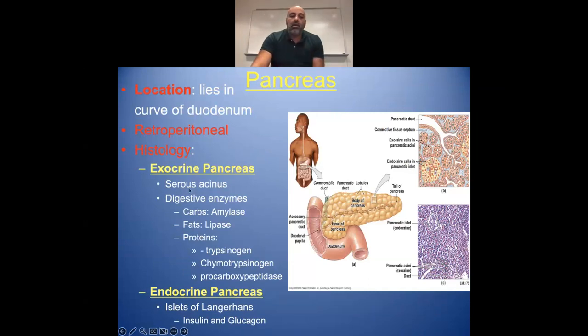Pancreas. So, pancreas majority is exocrine, serous. So he looks identical to parotid. The difference here is islets of Langerhans. That one difference. This is where we'll find the beta and alpha cells that produce insulin and glucagon. Okay, so I always remember, what is it, Bi silver?